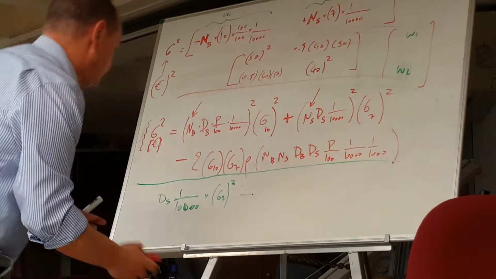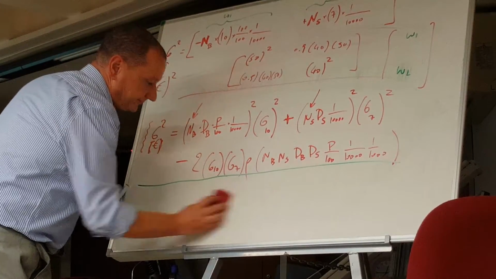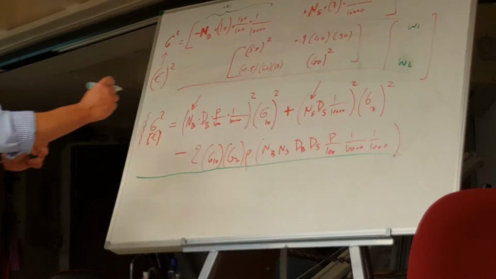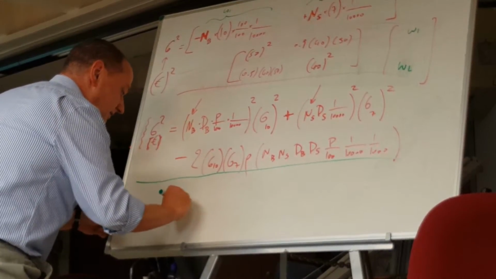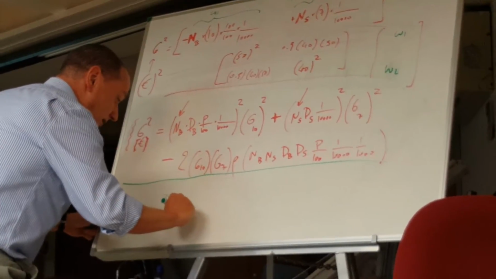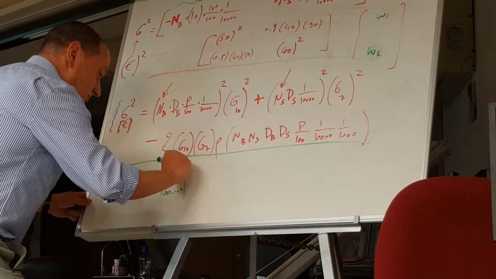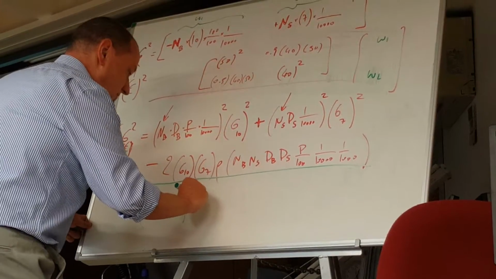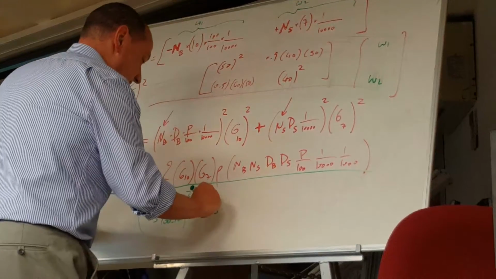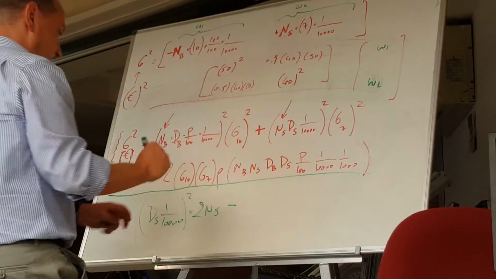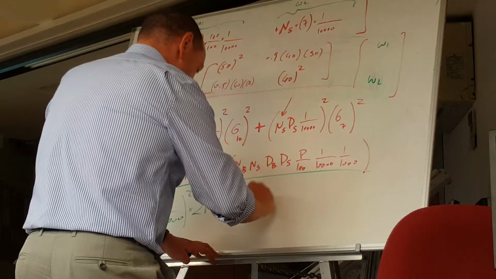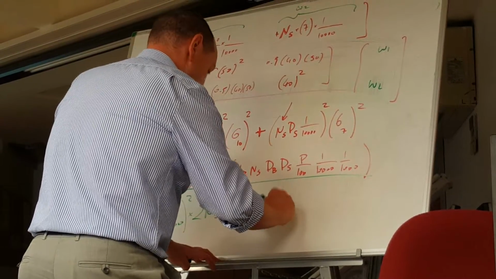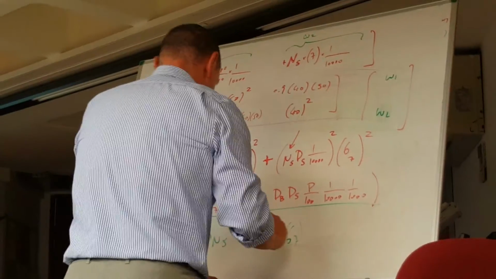So it could be that dS, let's say, dS 1 over 10,000 squared times 2 NS, okay, minus 2 sigma 10 sigma 7.